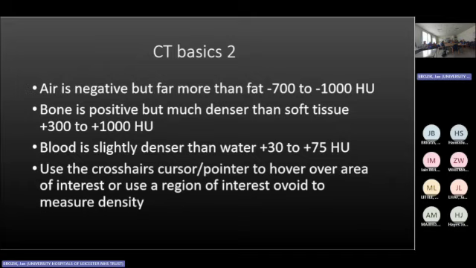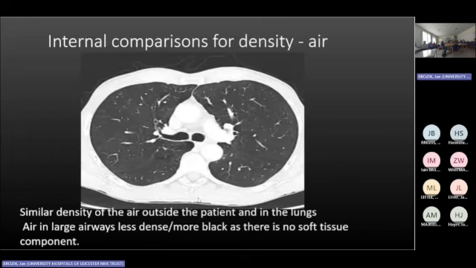It's important to avoid partial volume artifacts. So if you place that region of interest into lung, and you include part of the mediastinum or rib next to it, you'll get an average density, and it might be completely wrong. So this is the example.